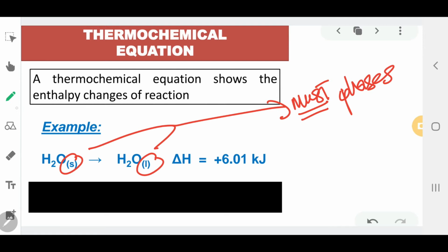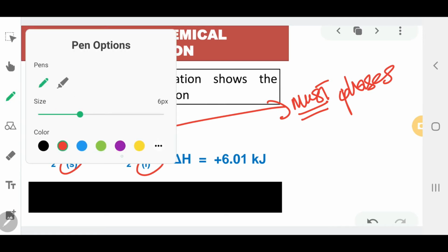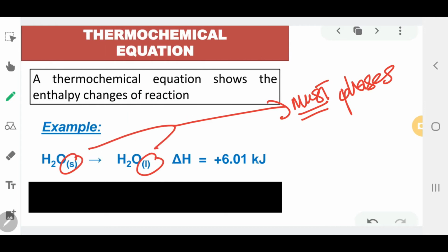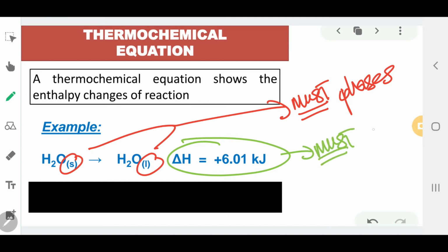The second thing emphasized for a thermochemical equation is this bit over here: you must have the value for the change in enthalpy. If you do not have this piece of information, even though you have the phases written correctly, that equation will not be regarded as a thermochemical equation.